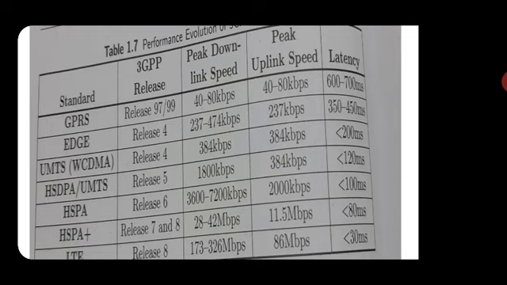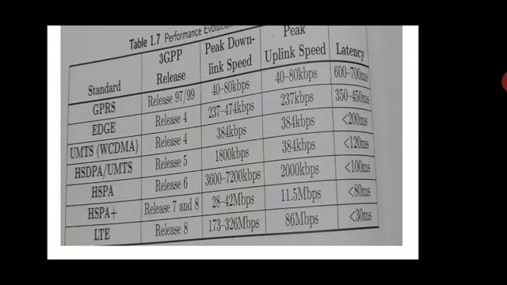HSPA and HSPA plus range between 3600 kbps to 7200 kbps, with uplink at a speed of 2000 kbps, and HSPA plus 28 to 42 with uplink of 11.5 mbps.